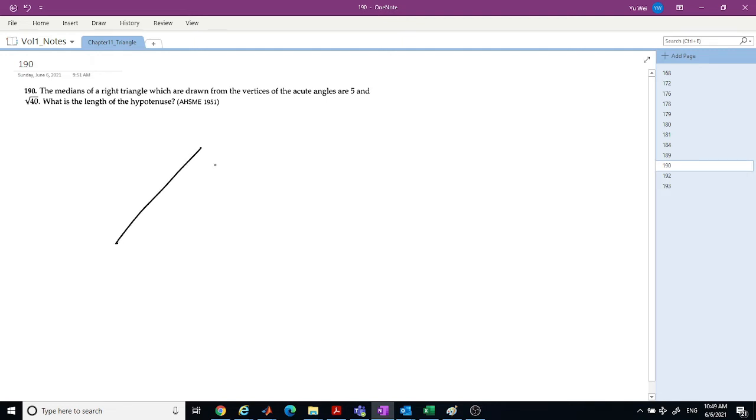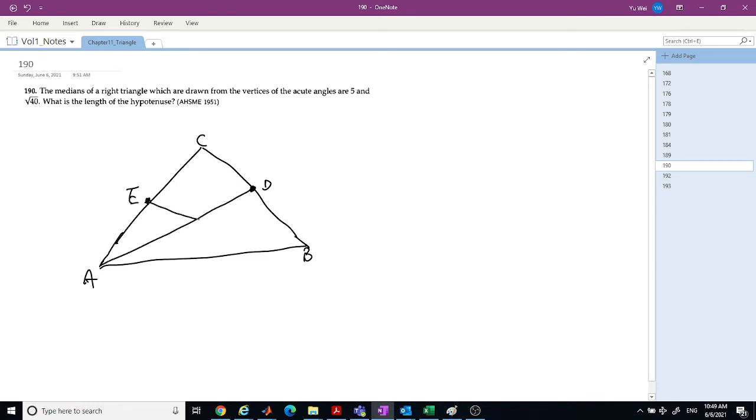Okay, so we have a right triangle ABC, and we have D and E. We have this one as 5 and this one as root 40, right?